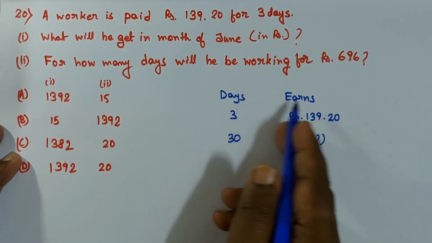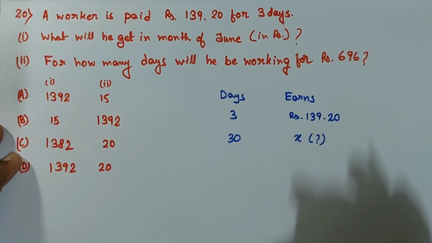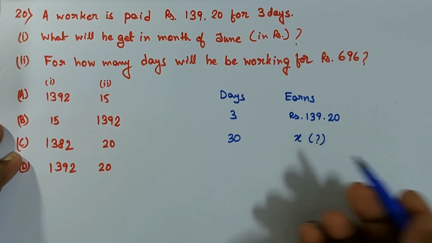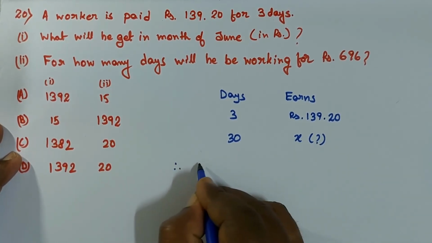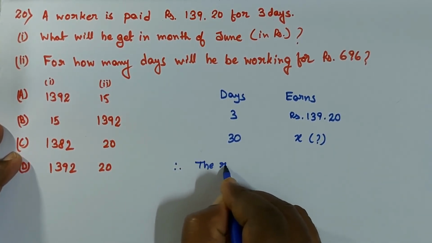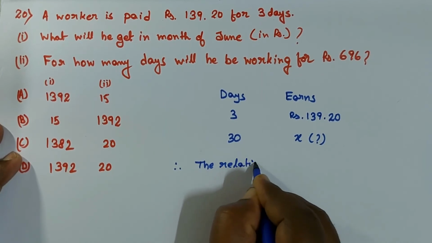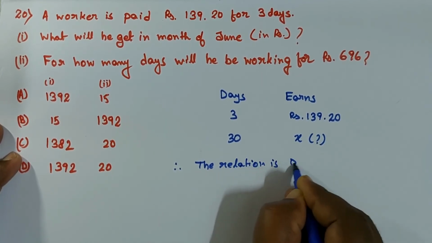Now days and earns: if I work more I will earn more. So they are directly proportional. So the relation is direct.